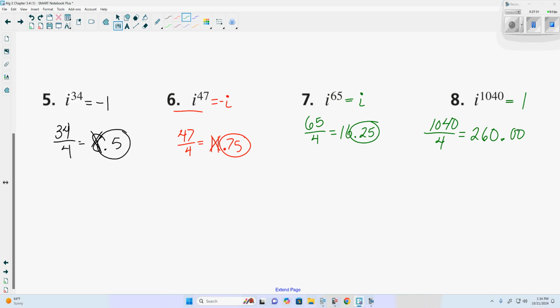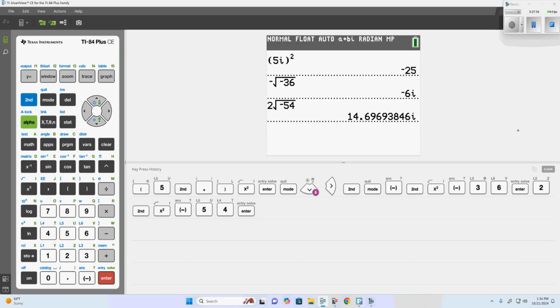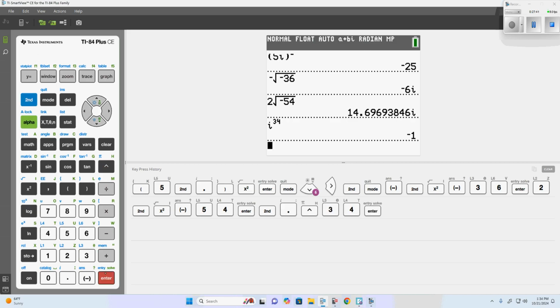Now, i to the 34th power. We could do this in the graphing calculator. Now, to get i, we're going to go second, decimal place, exponent 34. And it tells us i to the 34th power is negative 1. And that's what we got, yes?